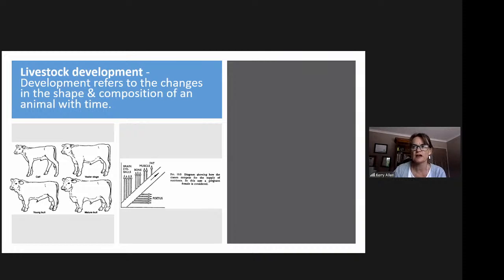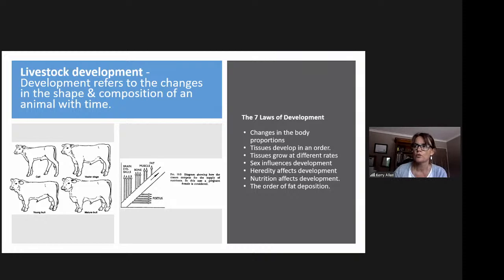However, we also have a change in composition. So this is the ratio of bone, fat, muscle, etc. And you can see that on that diagram, the little graphs beside it are showing you where the supply of those nutrients goes as they grow. So once again, this has some laws. It has 7 laws of development, and things change.